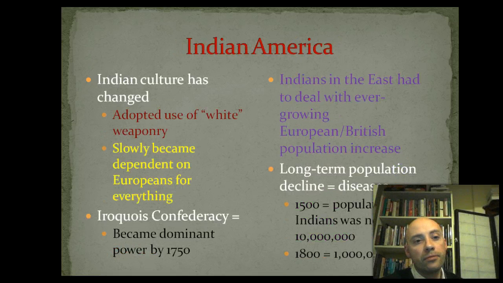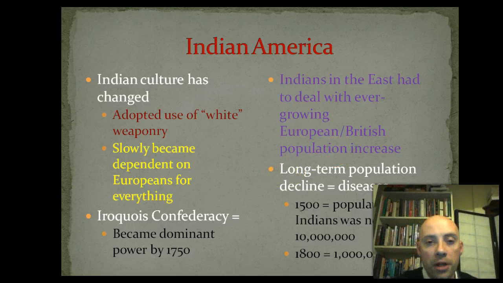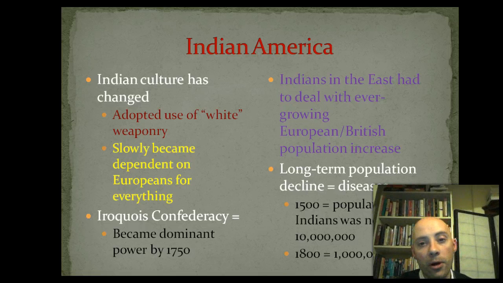So what about Indian culture? Well, it had obviously changed as a result of interactions with the European colonists. In a way, this was pushing them into a more advanced hierarchy, at least economically and politically speaking, than they had before.